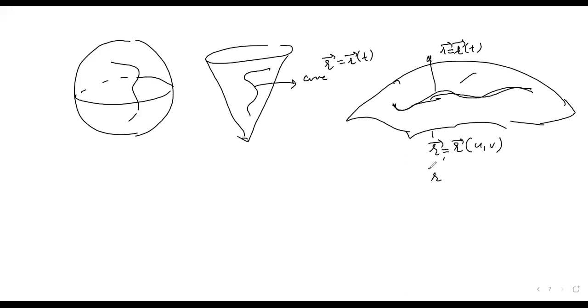Therefore any curve on this surface would be of the type r is equal to r at u of t, v of t. It should be a composition, it should satisfy the equation of the surface, and of course it should also depend upon a single parameter. That means the surface depends on two parameters, but those two parameters should depend upon a single parameter.